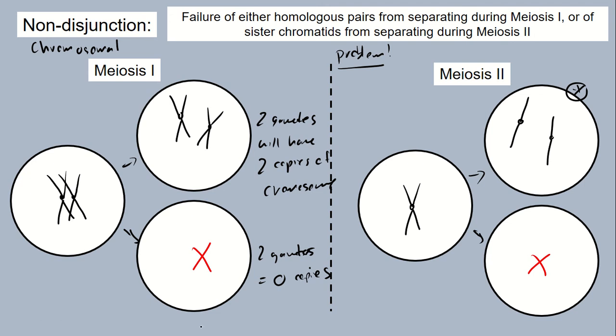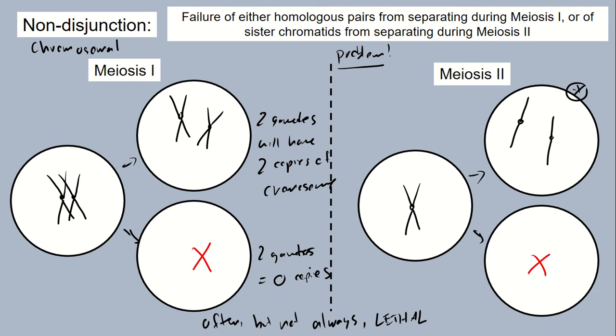Now, the big thing I want you to remember with non-disjunction is that this is often, but not always, lethal. Okay. So because each of these chromosomes contains thousands of genes, we're talking about a massive change in the genetic makeup of the gametes that arise during this process.